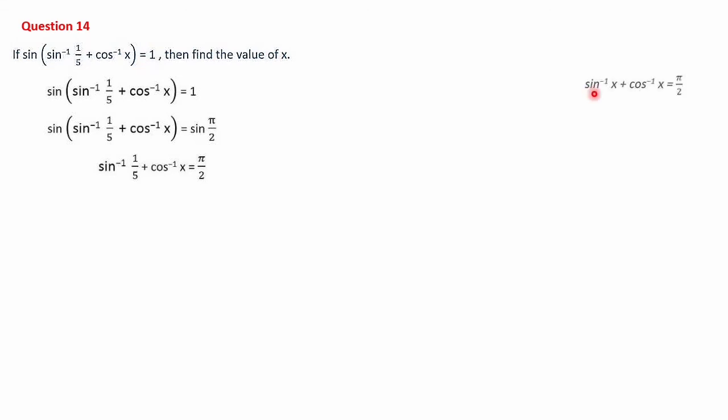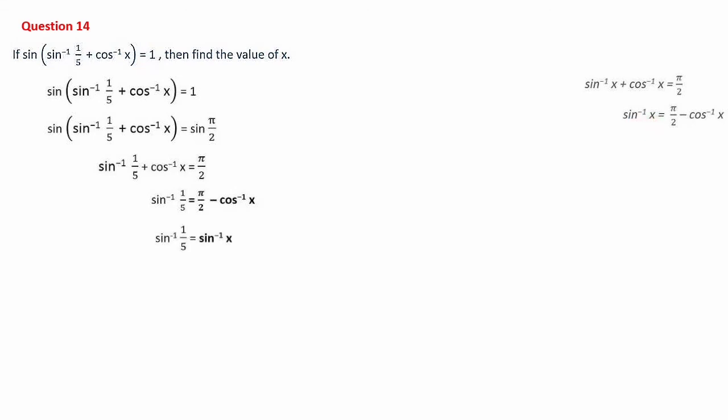We'll take sine inverse x plus cos inverse x is equal to pi by 2. From here, sine inverse x we will calculate, that means cos inverse x we can take to the right side, that is pi by 2 minus cos inverse x. Then here we can write sine inverse 1 by 5 is equal to, this term we can bring to the right side, that is pi by 2 minus cos inverse x. So pi by 2 minus cos inverse x is sine inverse x. We have already derived that.